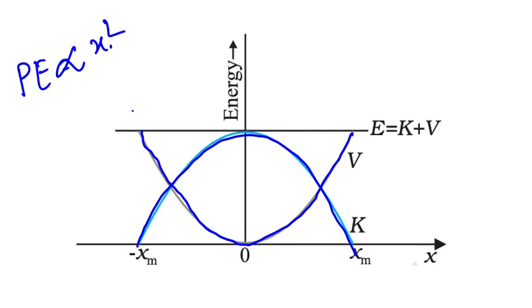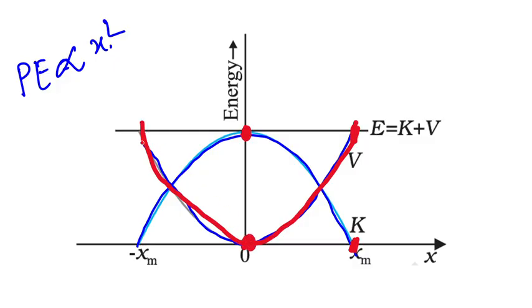Okay. So the potential energy and kinetic energy are shown on a single plot here, and you can see they both vary in a parabolic form. Where the potential energy is maximum, kinetic energy goes to 0, and where the kinetic energy is maximum, potential energy goes to 0.